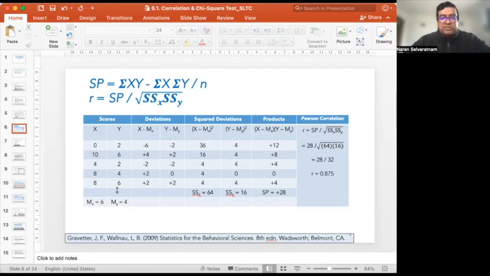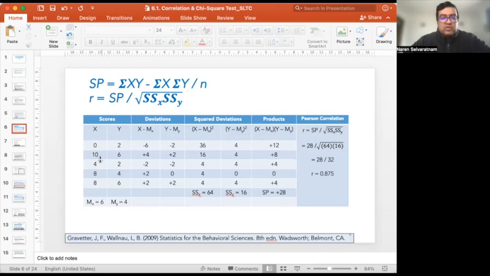Now, let's think of a particular scenario. Here we have scores of the two variables. These are raw scores. Here you have your x variable and here you have your y variable. Now let's think of a sample study, maybe the number of times a person has watched a movie and their satisfaction. The first person has not watched any movies in the last week, and has a satisfaction score of 2.